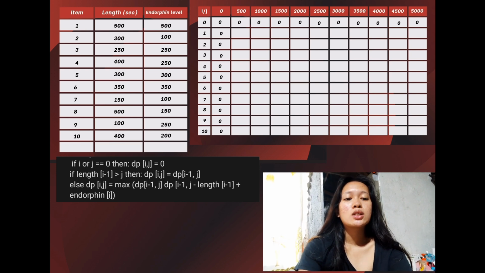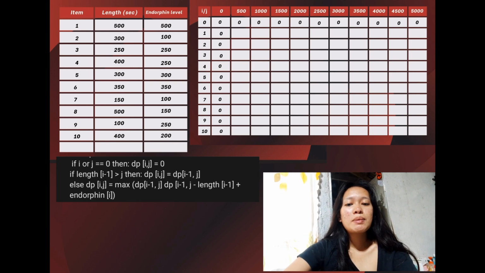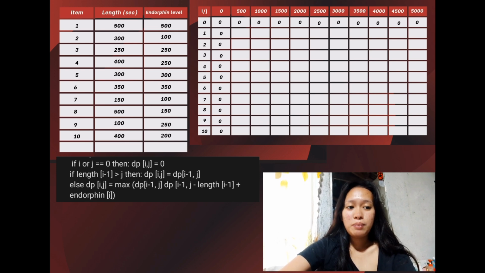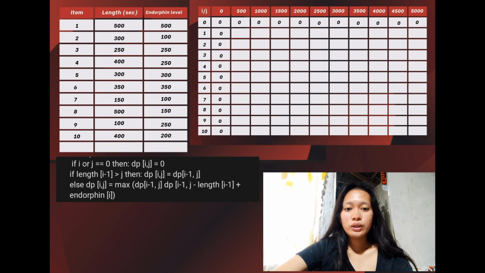Now, let's proceed first to our second rule, which is on the second formula. Ang sabi daw dito, if length[i-1] is greater than j, then dp[i][j] is equal to dp[i-1][j]. Di ba, yung length natin is 500. So, the question is, mas malaki ba ang length natin sa j natin, which is 500 also?